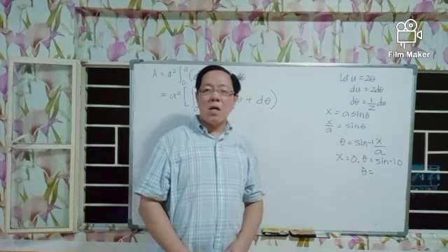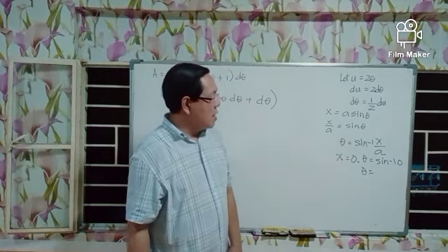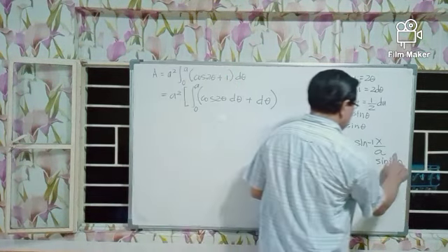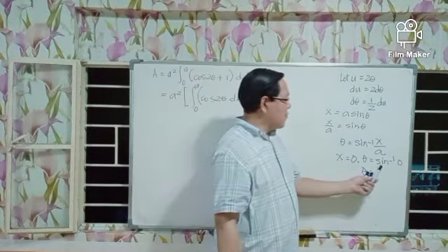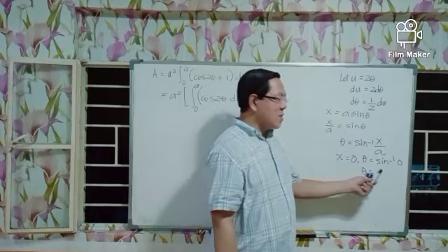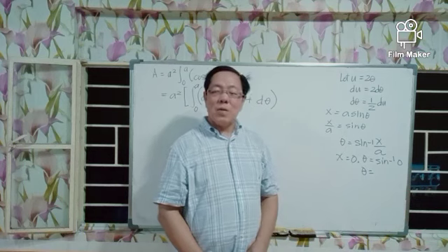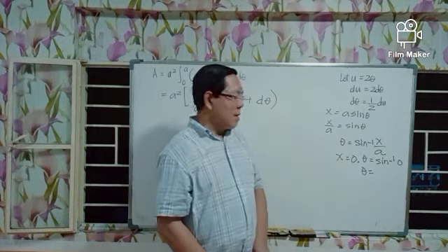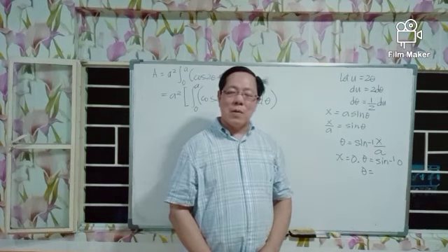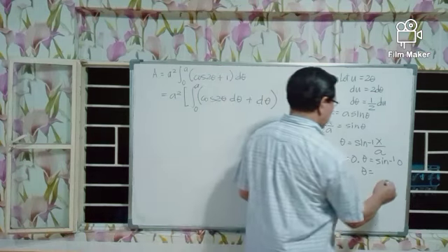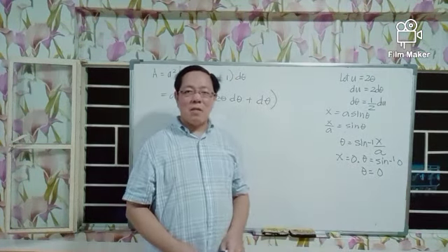Theta equals the inverse sine of 0. That means we are looking for the value of theta whose sine is 0. And that angle in radians whose sine is 0 is 0. Hence, when x is 0, theta is 0.